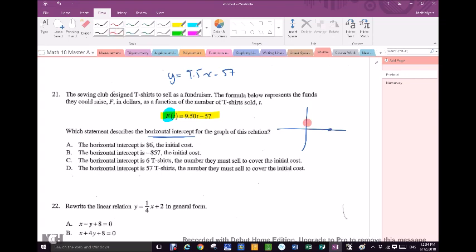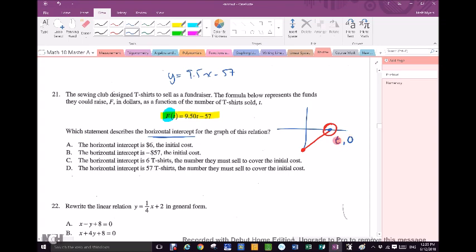Okay, what do I know about, where does this graph start? Negative 57, way down here, right? And it's got a positive slope, yes? So what do I know about that point? Y is 0. This point right here is t, comma 0, isn't it?